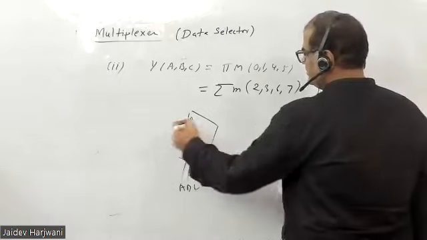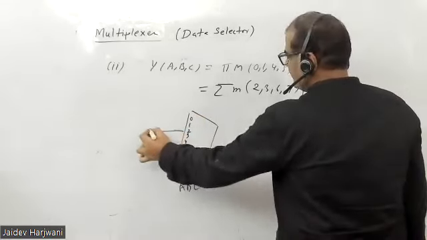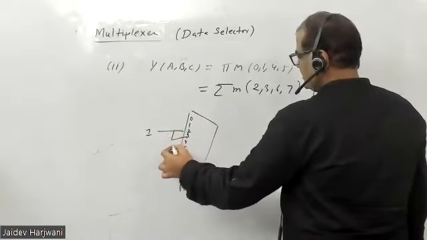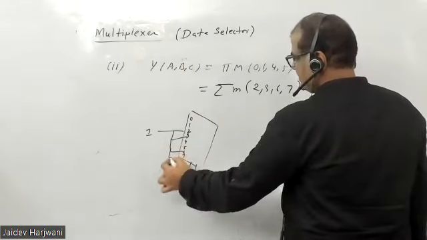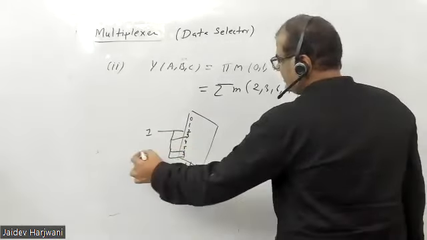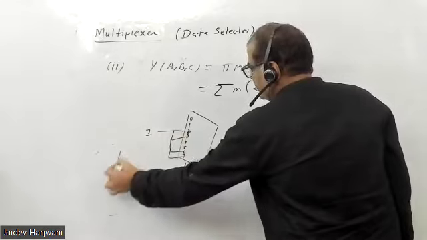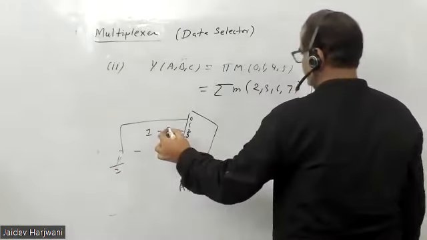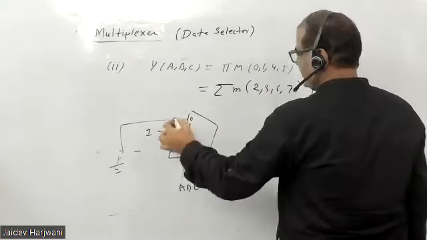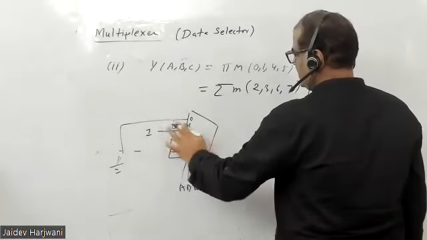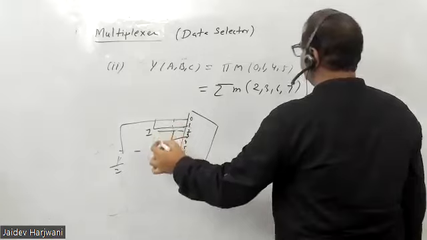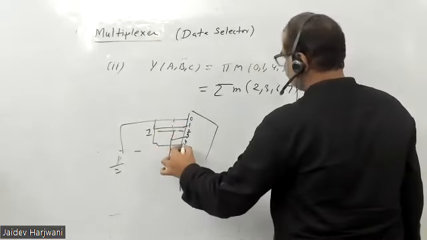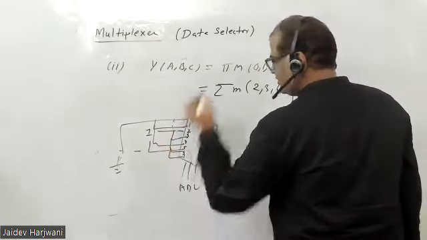Now 2 is present, so 2 is 1, 3 is 1, 6 is 1, 7 is 1. The remaining everything is 0, grounded. Which are grounded? 0 is grounded, 1 is grounded, 4 is grounded, and 5 is grounded.